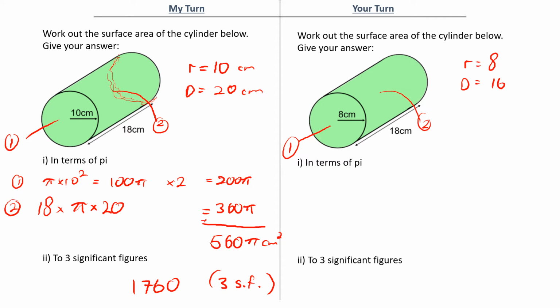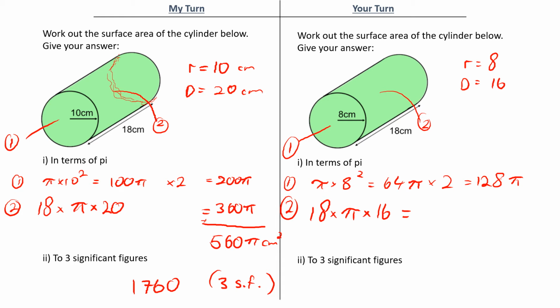Okay, so let's find the area of the two circles. So we've got face number 1, which is my two circles, is pi times by 8 squared, which is 64 pi. And again, we're going to double it because we've got two identical circles. So double it, we get 128 pi. For a rectangle, we've got a height of 18 times by the circumference of the circle, pi times diameter.